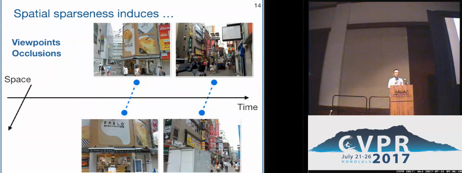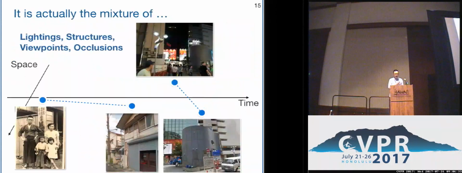As we cannot capture the database images from all possible viewpoints, there will always be viewpoint changes against the database images. In reality, we have mixtures of these changes. There will be a large gap in appearance between query and database images like these.